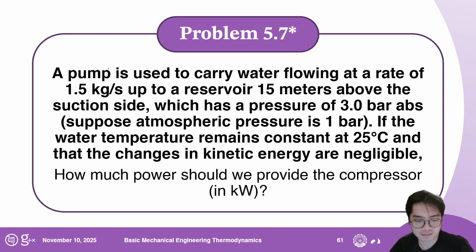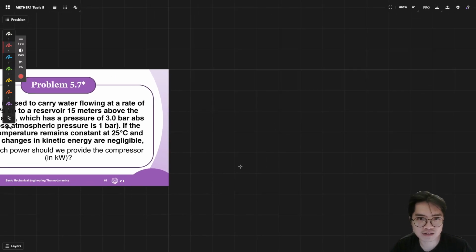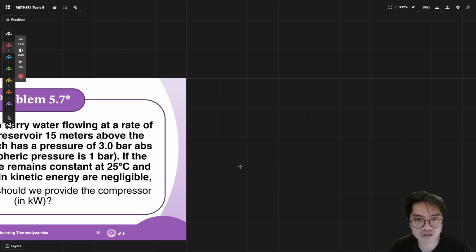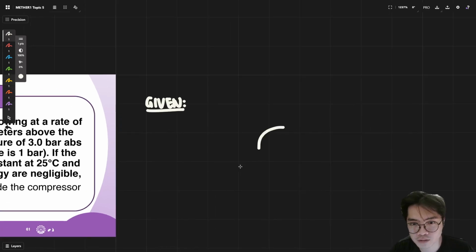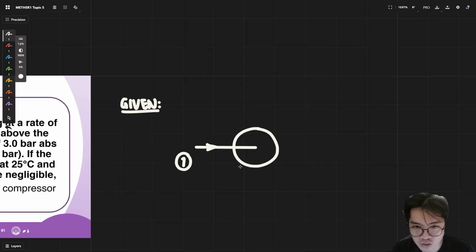Okay, let's try this out now. There's a special symbol for a pump right here, so let's just draw it. When you're talking about a pump, you're only talking about a liquid-based fluid mover. The pump is going to be like this, and then you draw state 1 going inside the circle, and state 2 going out on the surface, tangent to the circle.